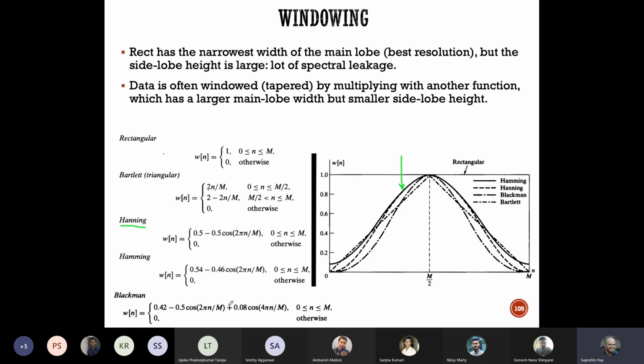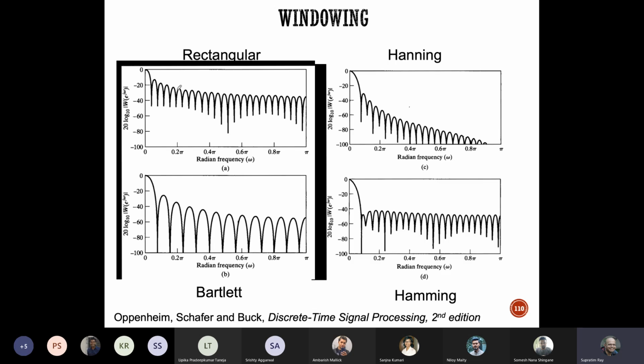But as you can see, there are a bunch of windows that you can pre-multiply the signal with. Essentially, it boils down to taking the convolution with the Fourier transform of the window, which looks different for different windows. So for example, if I have a Hamming window, I have a much bigger main lobe than a rectangular window.